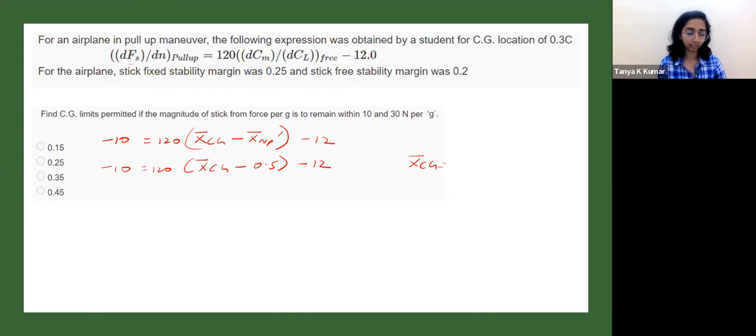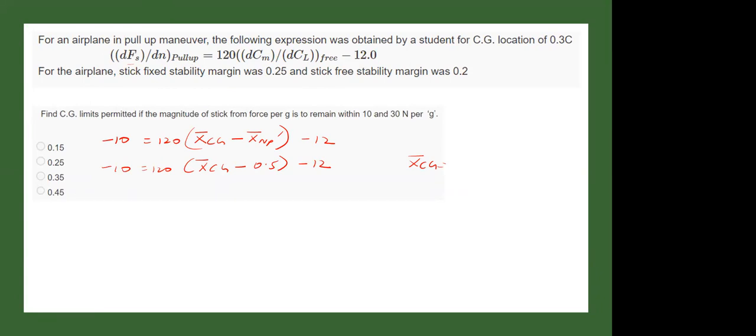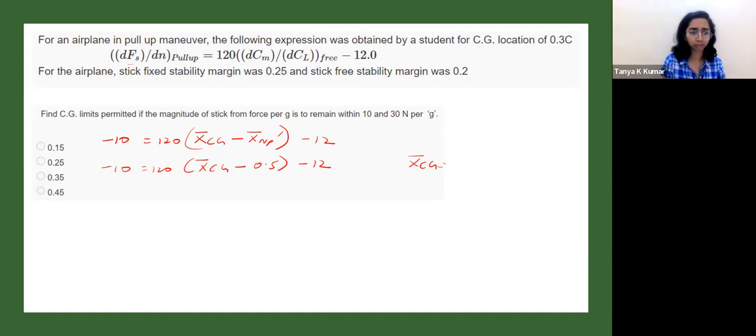X bar CG for that case? 0.6. Good. It's minus 10. 0.516, right?